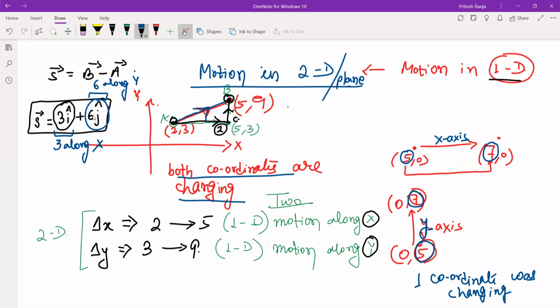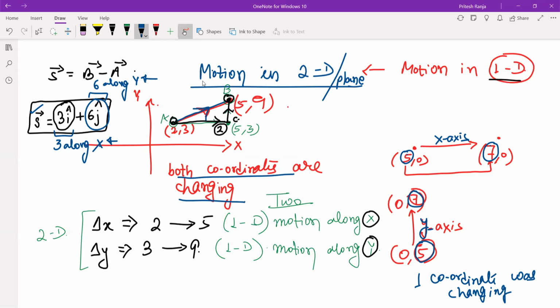That is the only meaning we understand. So here what is observed that this displacement vector is having component of x and component of y. Both these things are present here.